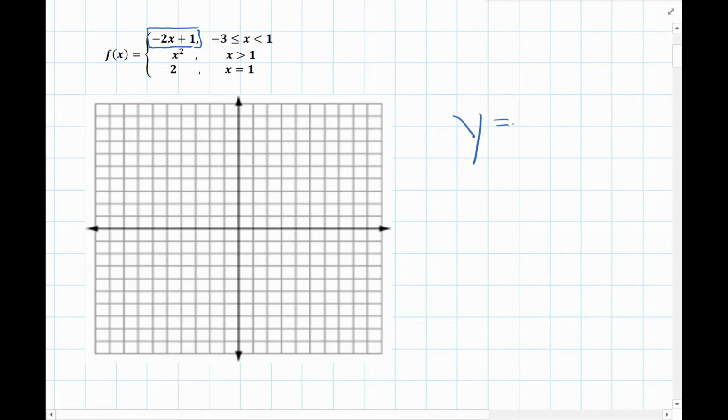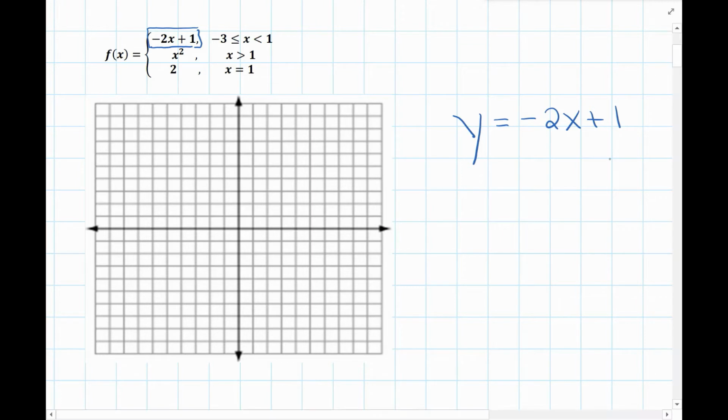So I'm going to say y equals negative 2x plus 1. That equation is a line. I know it's a line because it's set up like y equals mx plus b. I just see x raised to the first power, and that lets me know that I have a line situation going on.